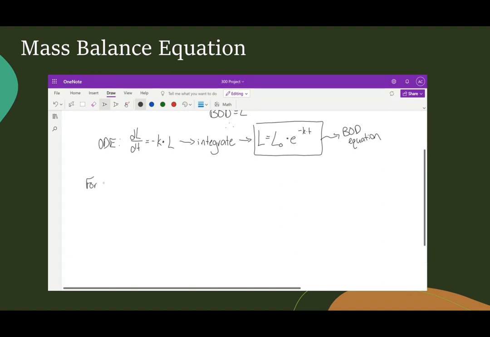Next up, we will be solving for our BOD exerted or consumed. So here, BOD exerted is represented by a y, which is equal to the initial BOD minus BOD, which we just solved for in the above equation, which we can now plug in to solve for our exerted BOD.